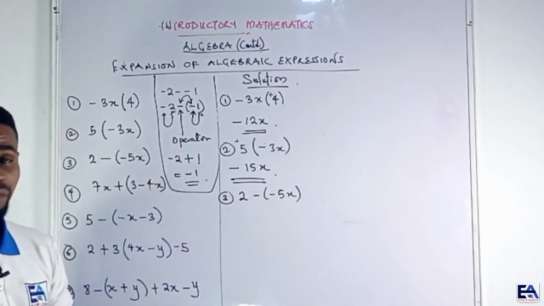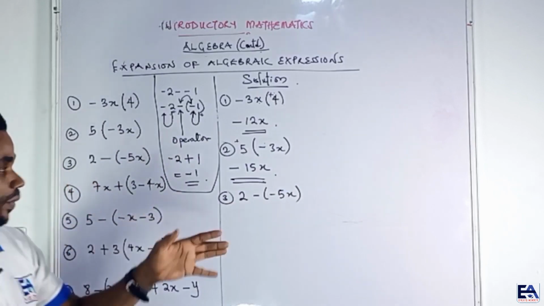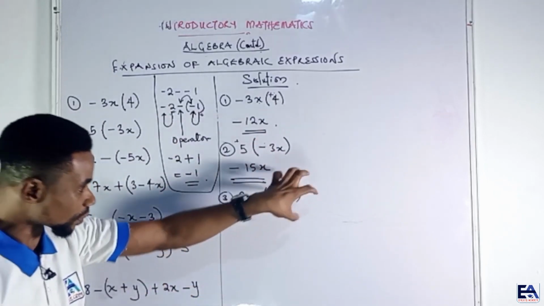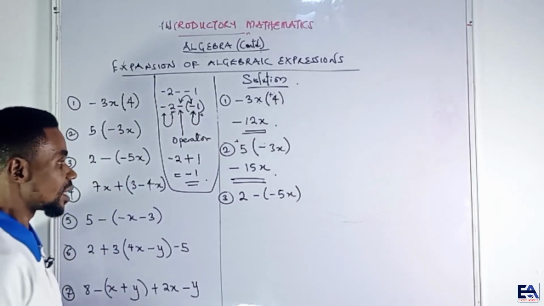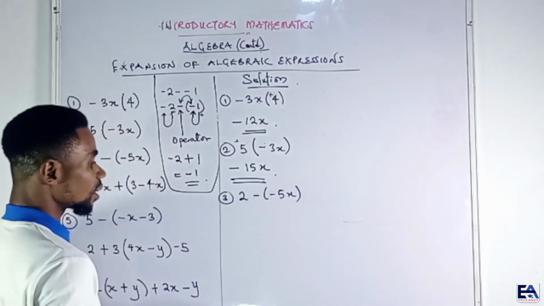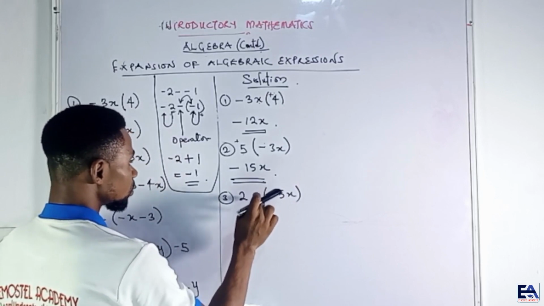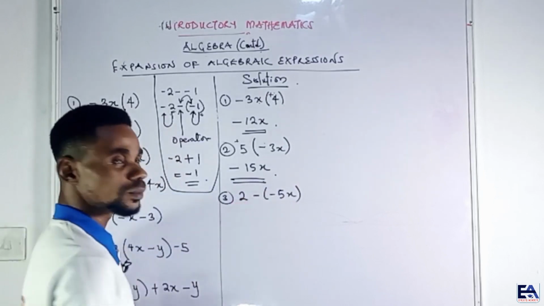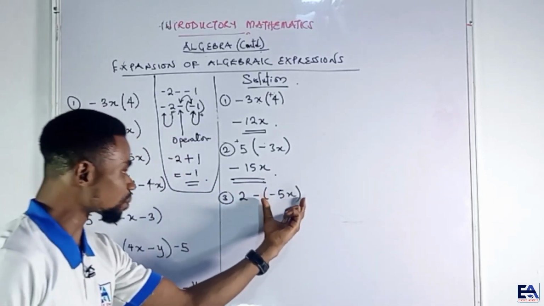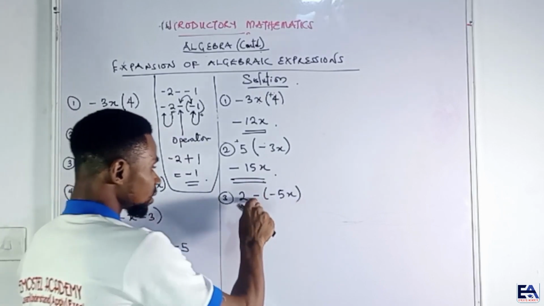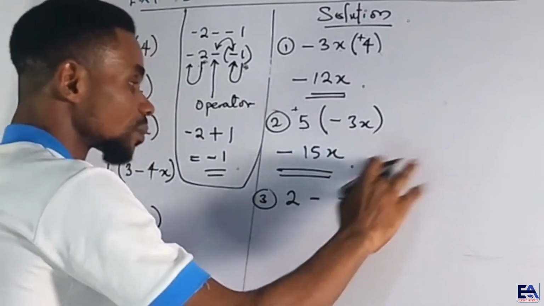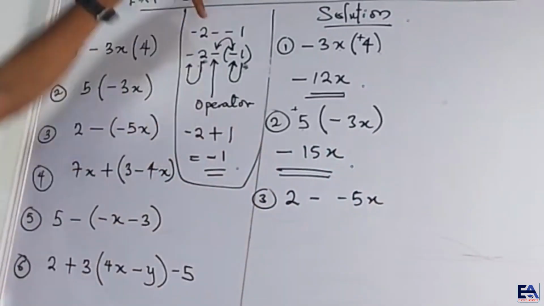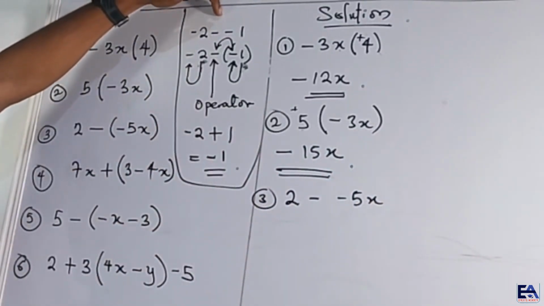Number 2 that you have here is separated from the content of the bracket with a minus, which means that everything here is being subtracted from 2. The reason why we put this one in the bracket is to separate this sign from this sign, so that it will look like something like this, which is similar to what I did earlier.